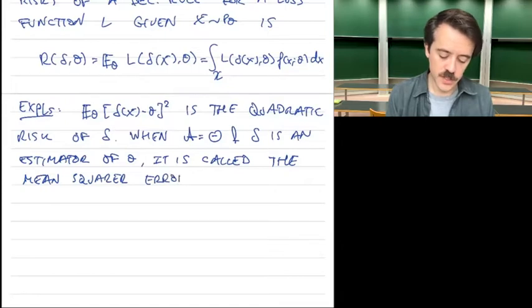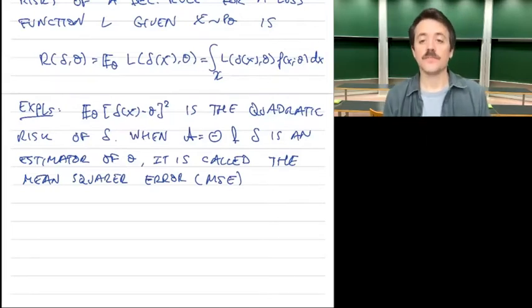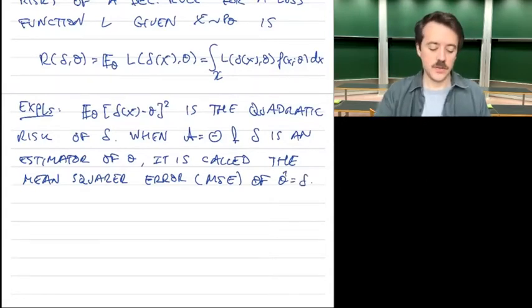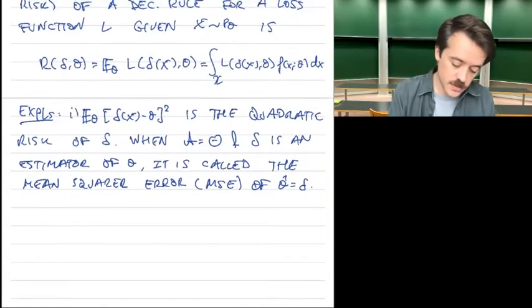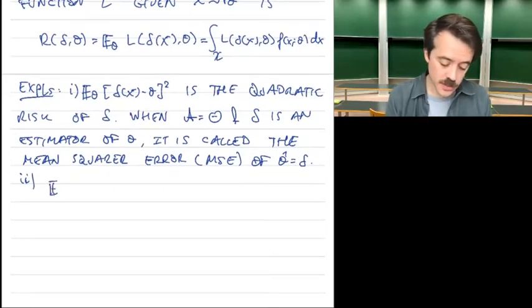Which generally you will see shortened as MSE. And this is of the estimator. Okay, so second example. So let me just write I here first, and then second. Okay, so second is, let's look at testing.